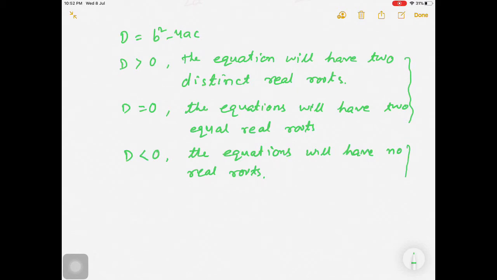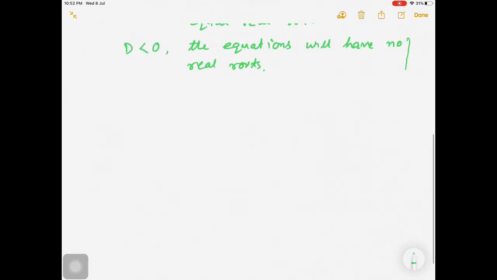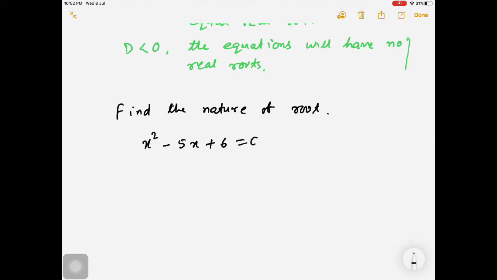Let's go for one example. Find the nature of roots. Suppose the equation is x square minus 5x plus 6 equal to 0.